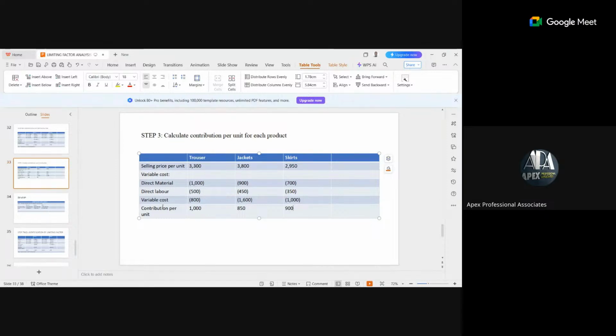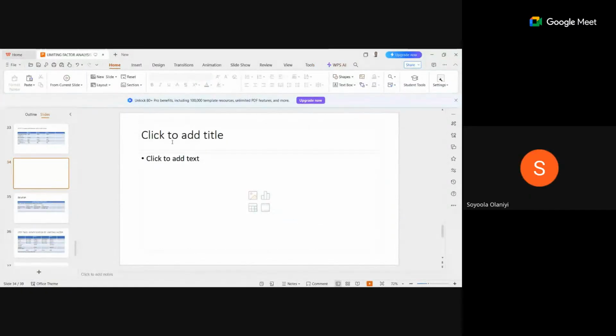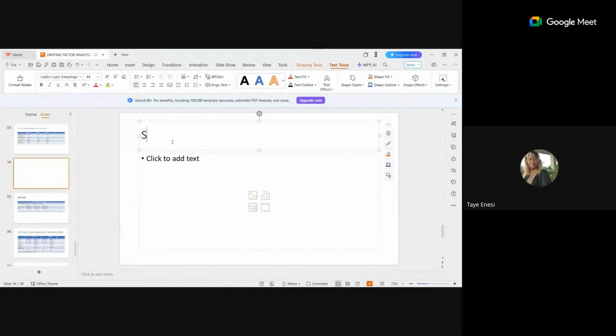Can somebody tell me? Step 4: calculation of contribution per limiting factor. It is when you get this that you now rank.